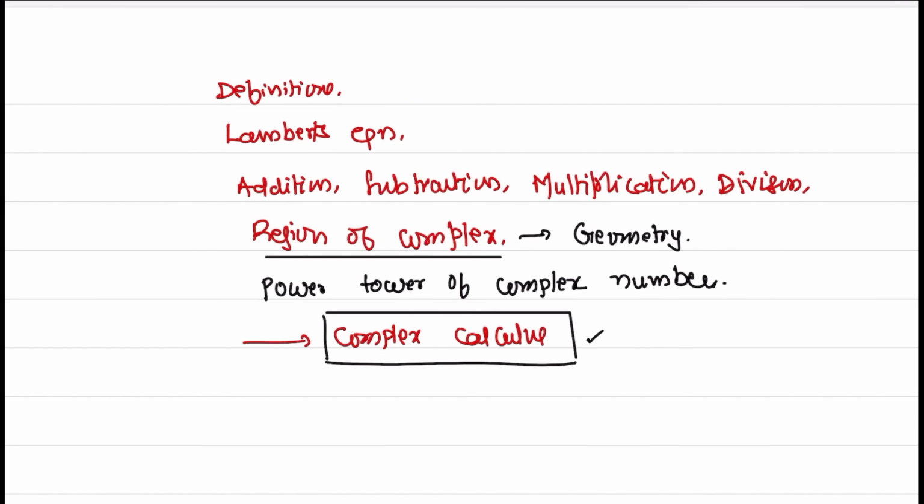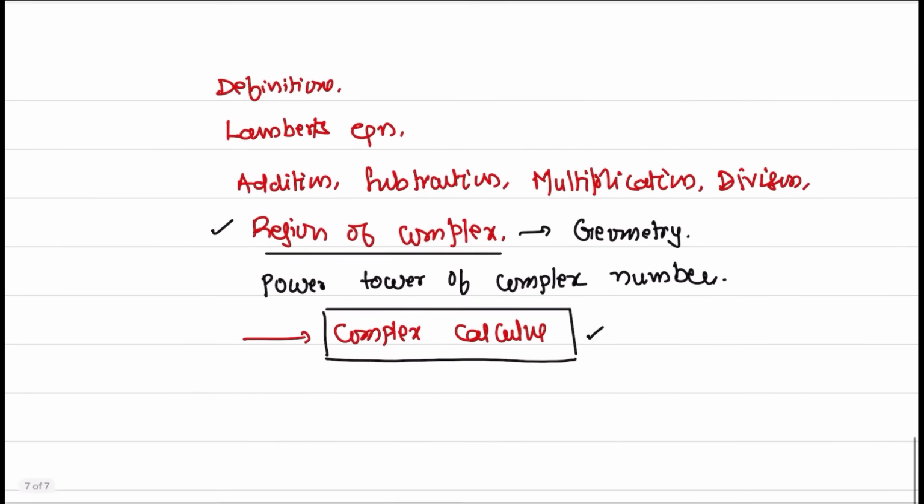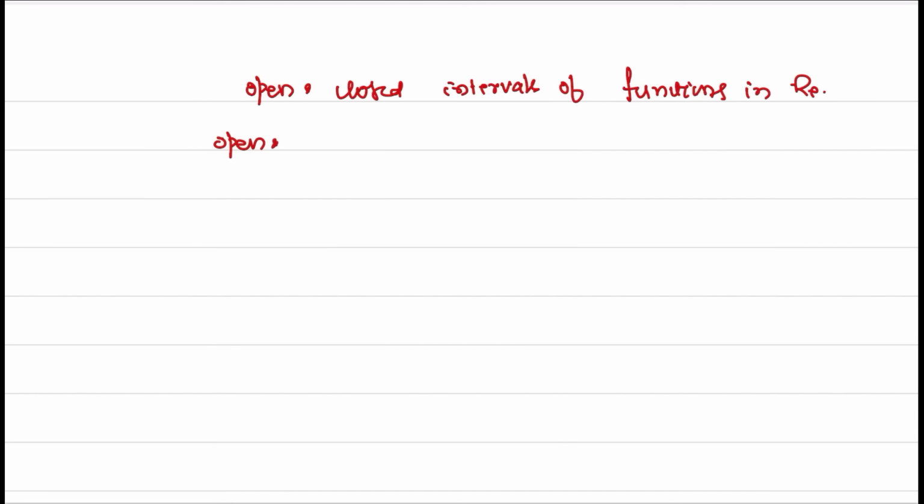Region of the complex plane, or complex numbers in the complex plane, which region they occupy, and how to define the open and closed regions. For real numbers, there will be open and closed intervals of functions. In real numbers it is there, but open and closed regions here.